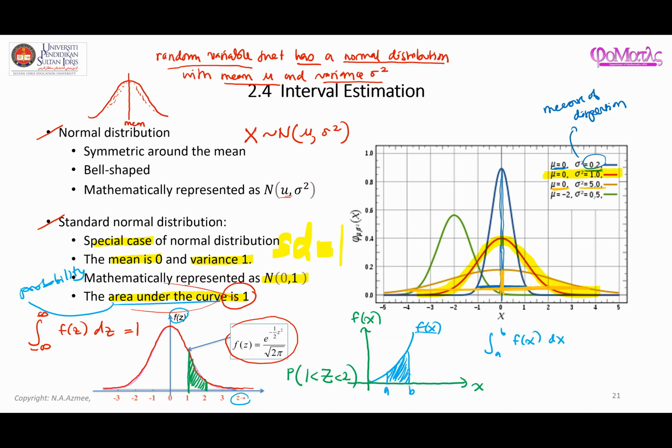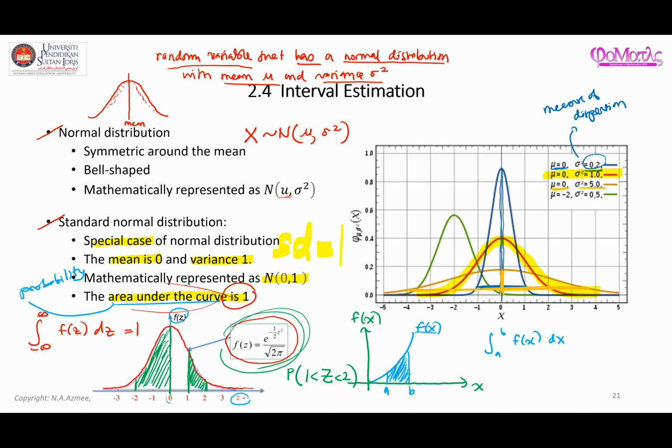The same thing if I want to find the probability from negative 2 to 0: my lower limit is going to be negative 2, my upper limit is going to be 0, and I have to integrate this function from negative 2 to 0 in order to get the probability. And like I said just now, this is not exactly a friendly looking function. It's not easy to integrate, and you can imagine the amount of work you would have to do in order to find the probability.